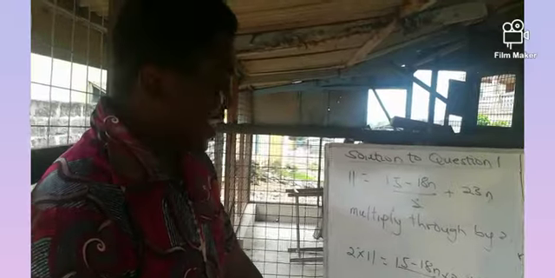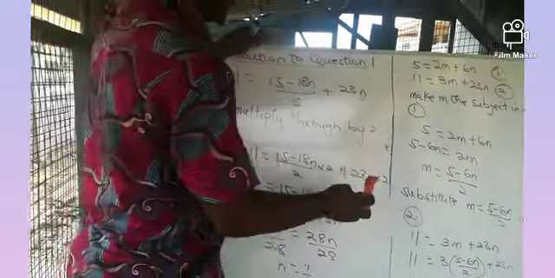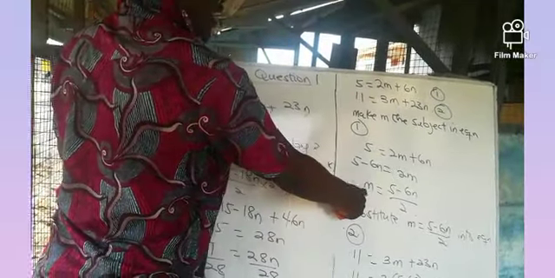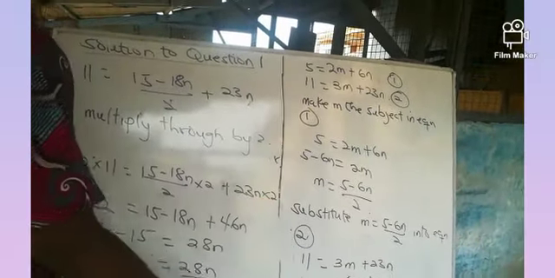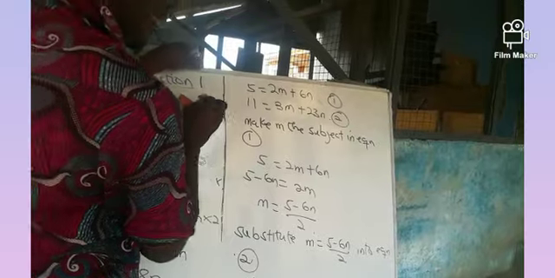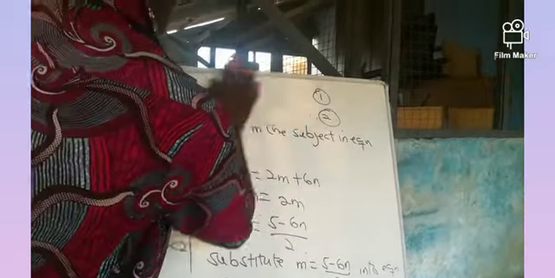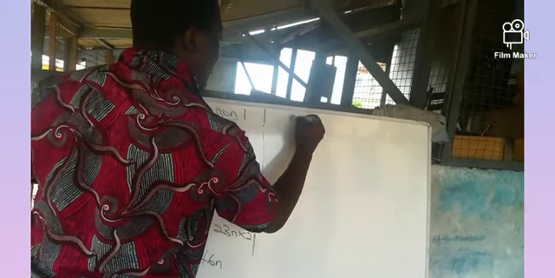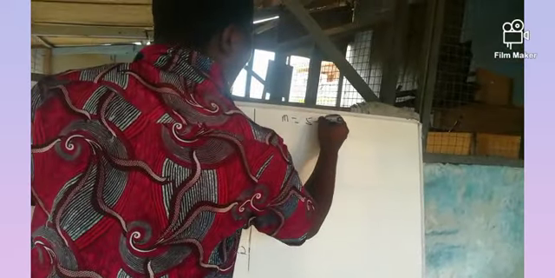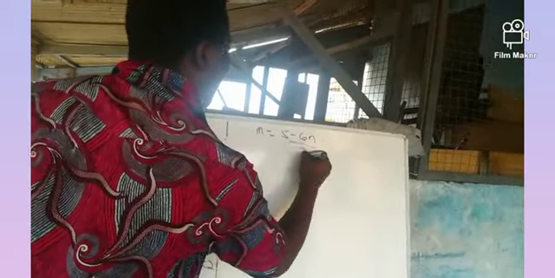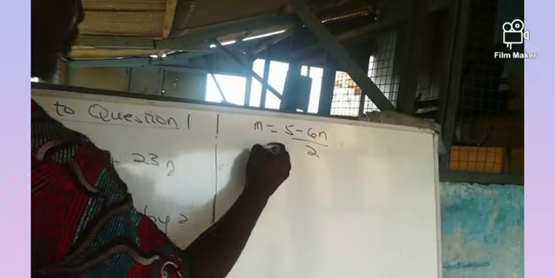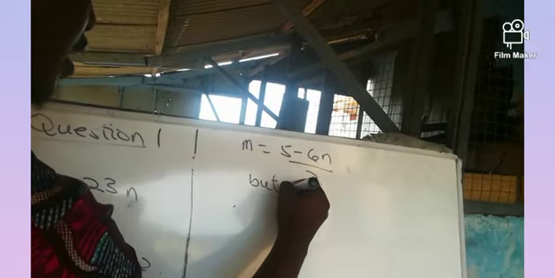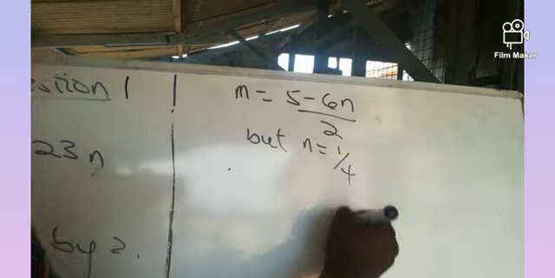So after getting n to be 1 over 4, you will substitute that back into this m. So I can clean this side and substitute it in the m. So m is equal to 5 minus 6n divided by 2, but n is equal to 1 over 4.